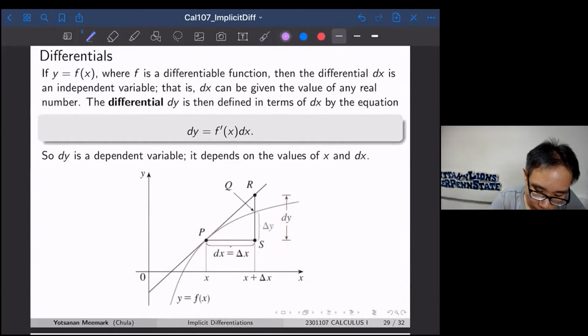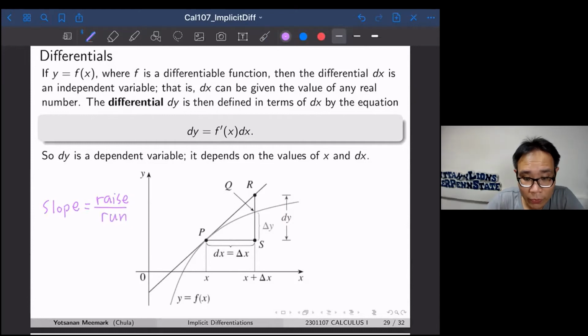The slope turns out to be rise over run, as you may have seen in high school math. And this will be equal to dy over dx.